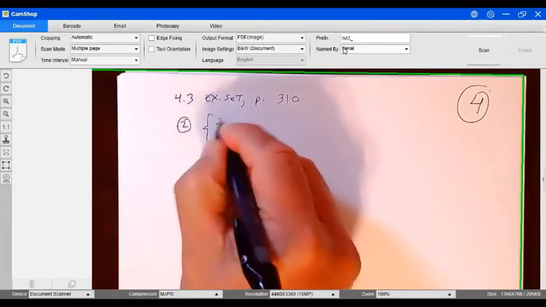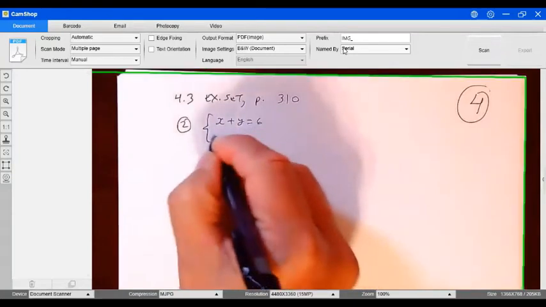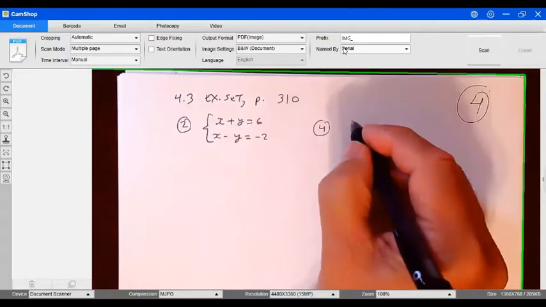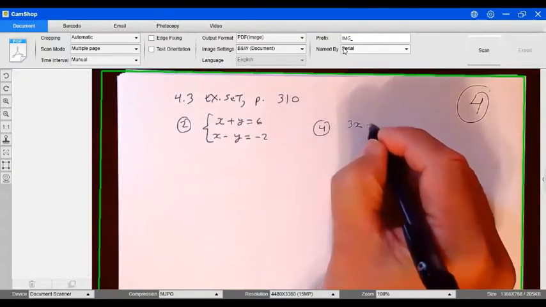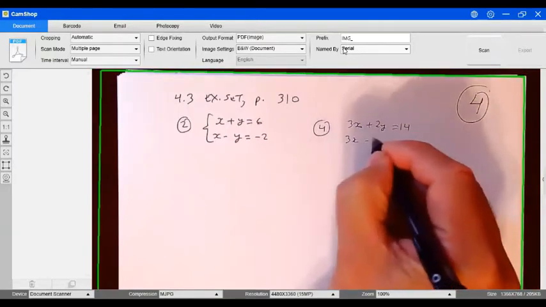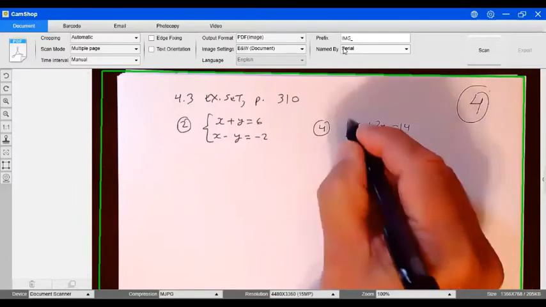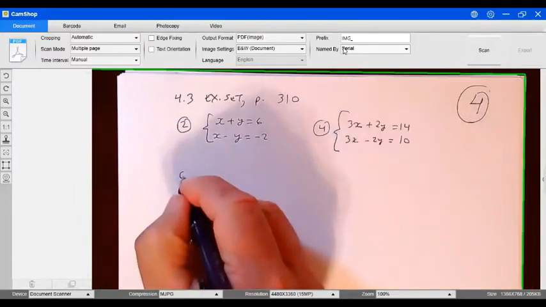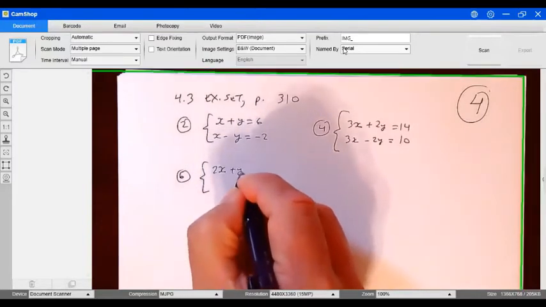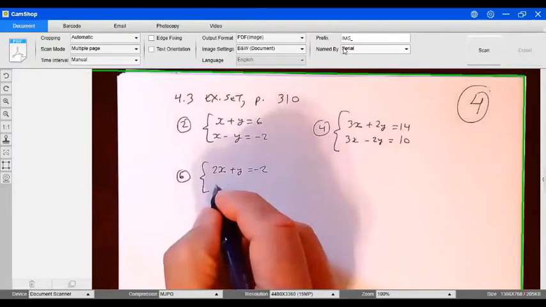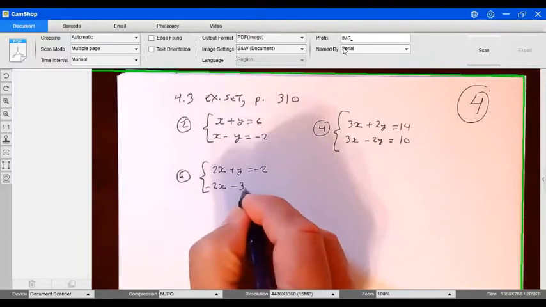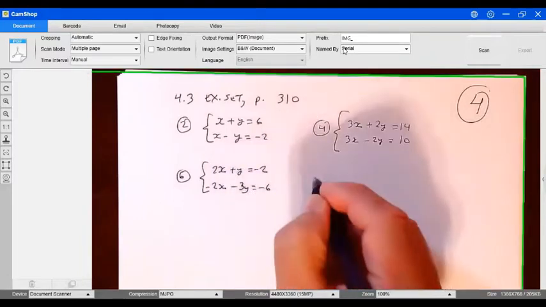So I have x plus y equals 6, x minus y equals negative 2. Then I have 3x plus 2y equals 14, and 3x minus 2y equals 10. And we have 2x plus y equals negative 2, negative 2x, negative 3y equals negative 6.